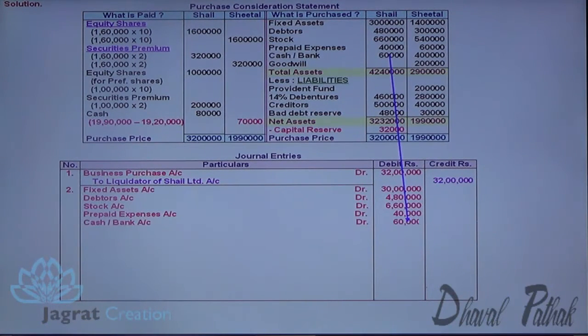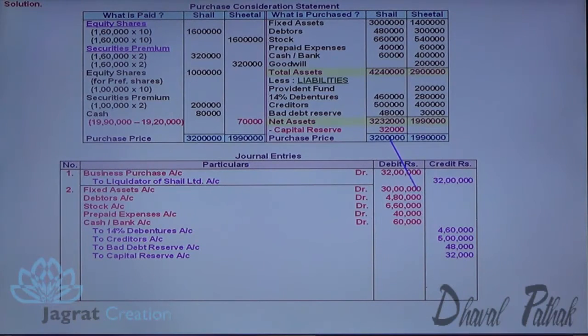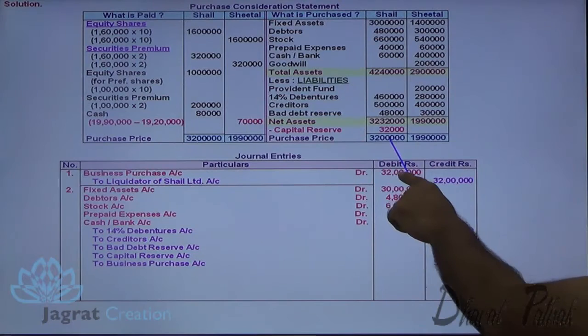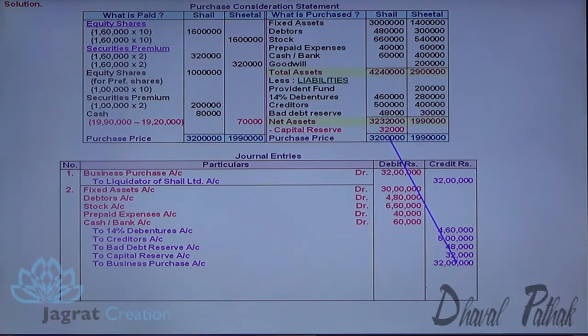Cash and bank account debit. Then 14% debentures account credit. Creditors account credit. Bad debt reserve is credited. Capital reserve is credited to business purchase account credit. So this business purchase account, debited and credited, is closed.